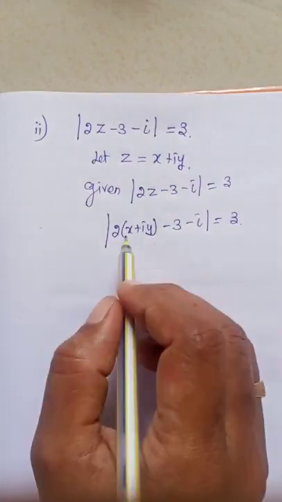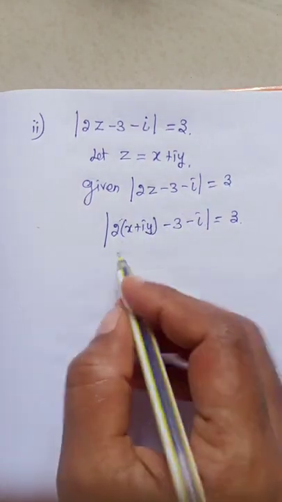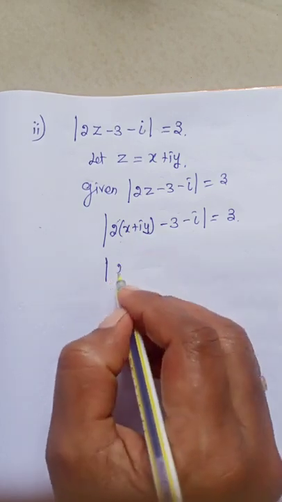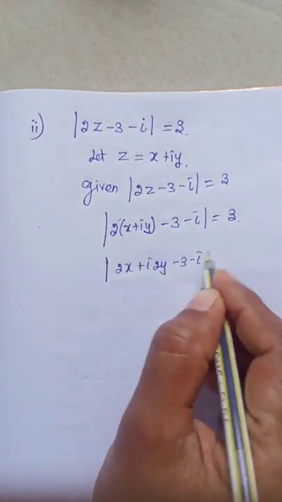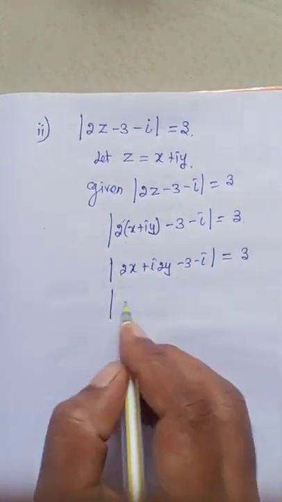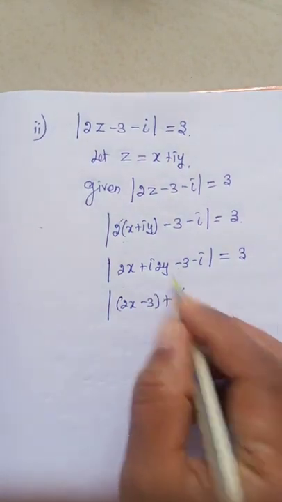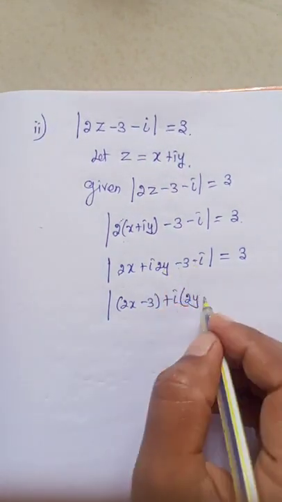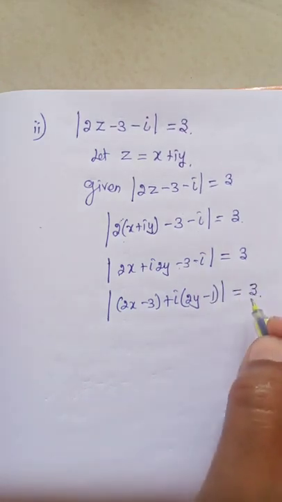So, first we have to bring this into separate real part plus i into imaginary part: 2x plus i into 2y minus 3 minus i is equal to 3. What are the real part here? That is 2x minus 3, plus i into imaginary part 2y minus 1, is equal to 3.